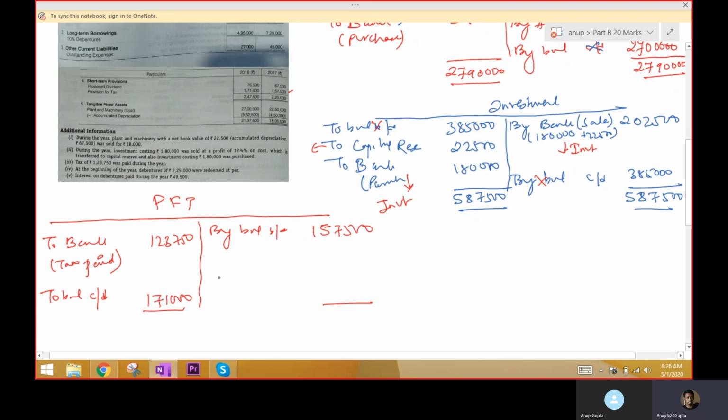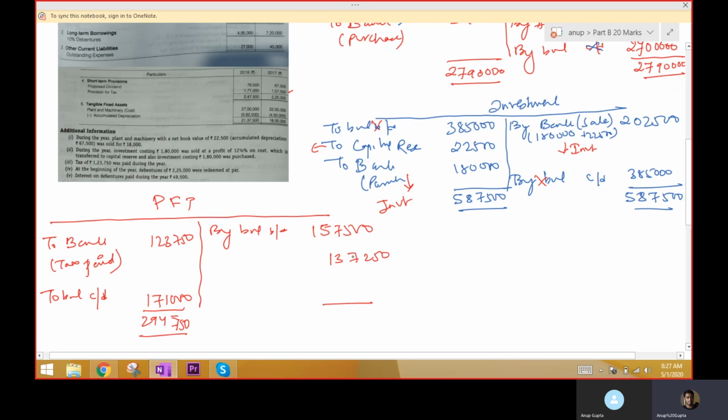Tax paid. Now balance the ledger. The total on the debit side will be 2,94,750, and the balancing figure will come on the credit side, that is 1,37,250.